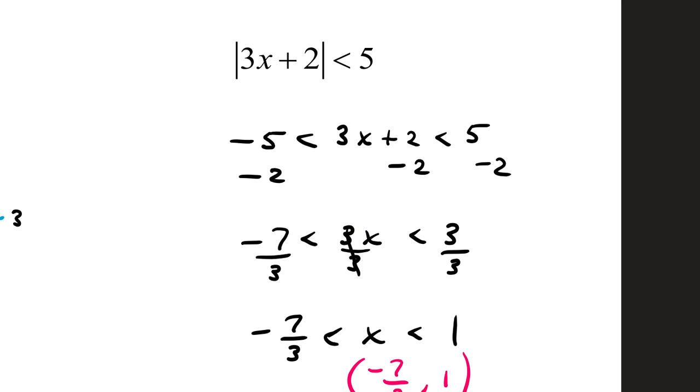Divide everything by 3, and you get -7/3, x in the middle, and then +1 on the right. So your solution set is all real numbers between -7/3 and +1, not including the endpoints.